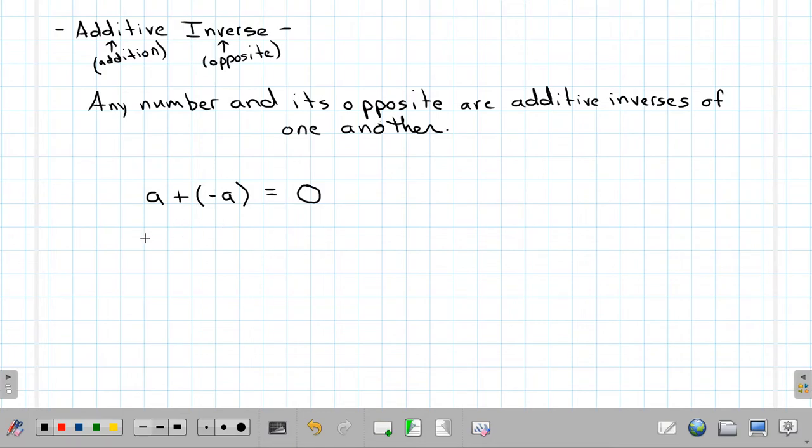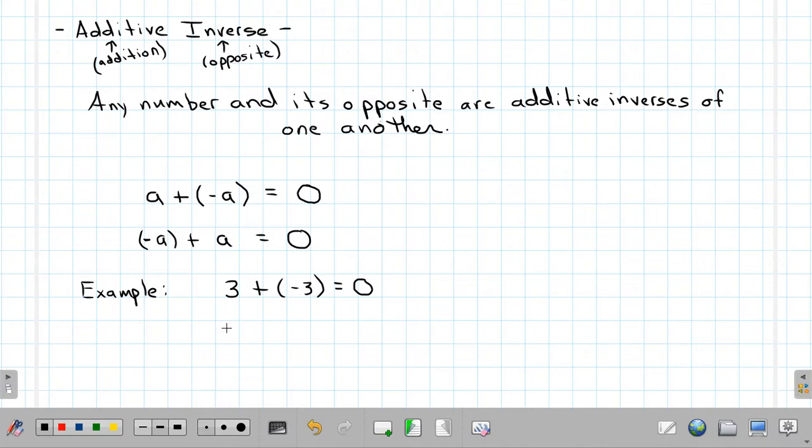And it works the same the other way around. If we have a negative number and we add its opposite, that's going to be 0. For example, if we have 3 and we add to it negative 3, we have a number plus its opposite, and that's always going to be 0.